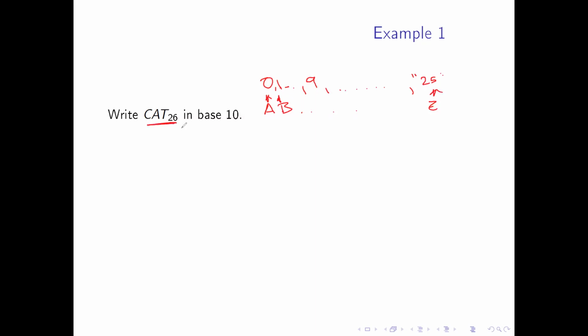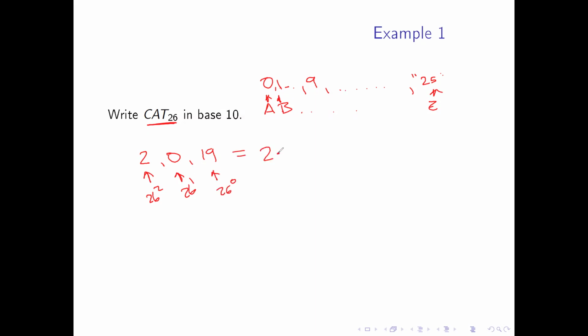And if I do that, then cat, the C is simply a 2, A is 0, and T is 19. And I'm putting commas because this is again going to be times 26 to the second power. This is the 26 to the first powers, and this is the number of 26 to the zero powers.